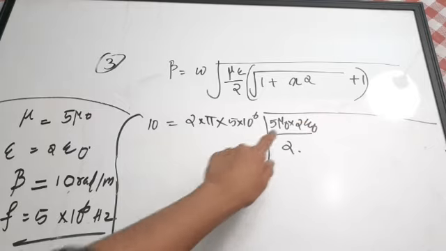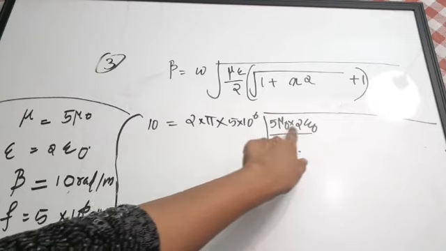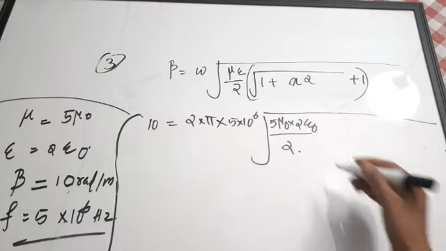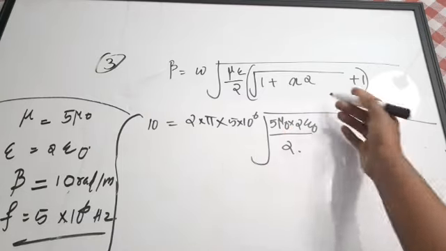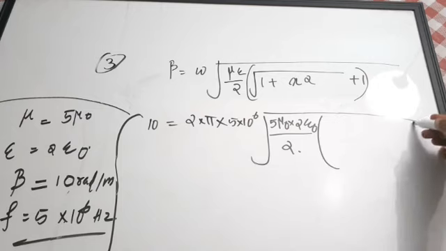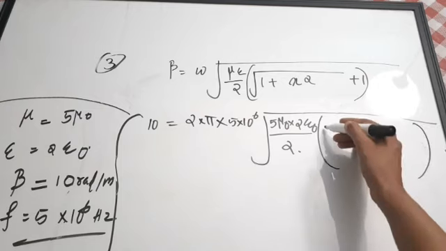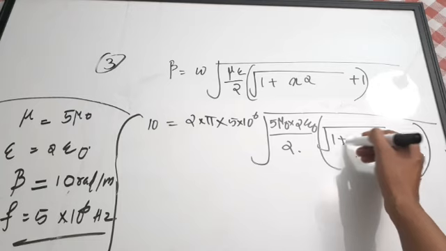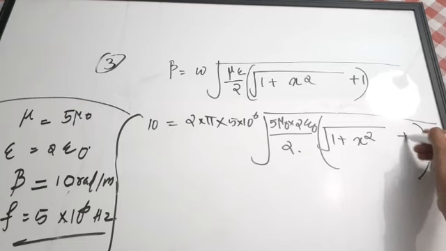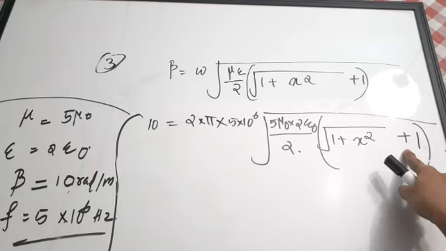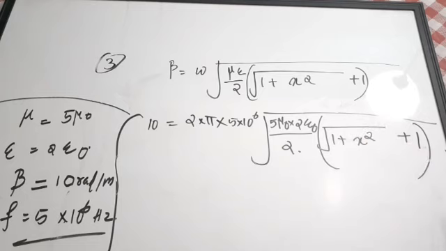Now, there is a square root of mu 0 epsilon 0 here. You can take it outside, but after substituting the other terms, we'll take it outside. Into square root of 1 plus x square, plus 1. So this plus 1 is outside this square root. This is your expression.